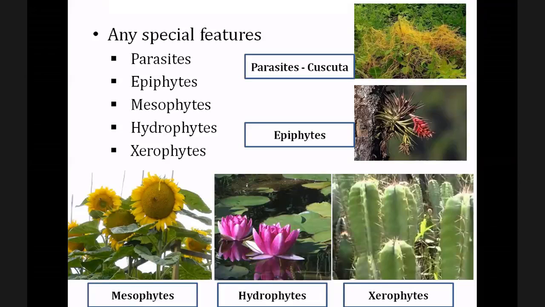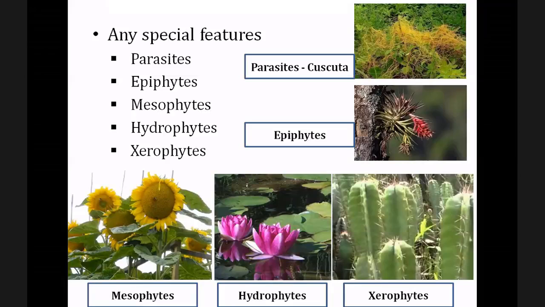So please note it down. Note the examples and the definition of each type. Here I only put the pictures and the name of that special feature. You have to note it down.